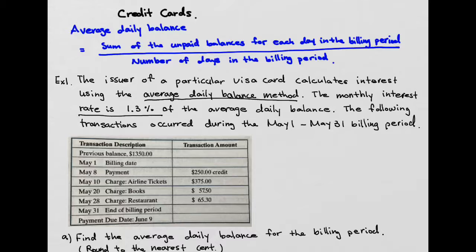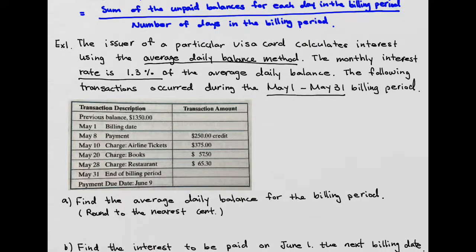And the following transactions are from May 1st to May 31st. And here is the chart, right? And the first question is asking, find the average daily balance for the billing period.